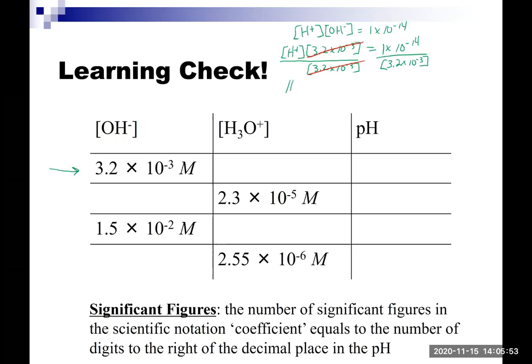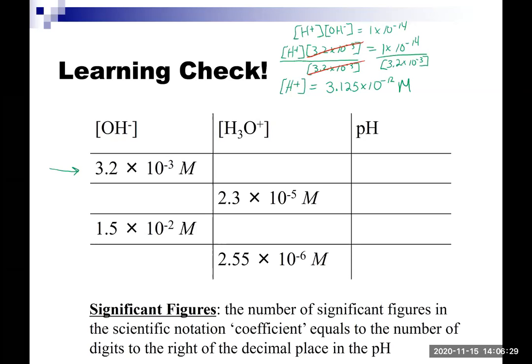So our H plus concentration, when we do the math, that'll be 1 EE 14, hit the plus minus key, divided by 3.2 EE 3, hit the plus minus key, leaves us with 3.125 times 10 to the negative 12. And that is our concentration of H plus, our molar concentration of H plus.